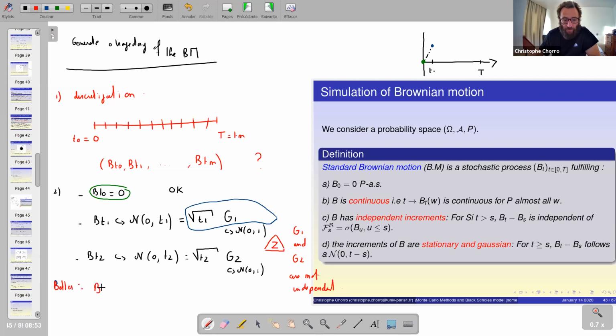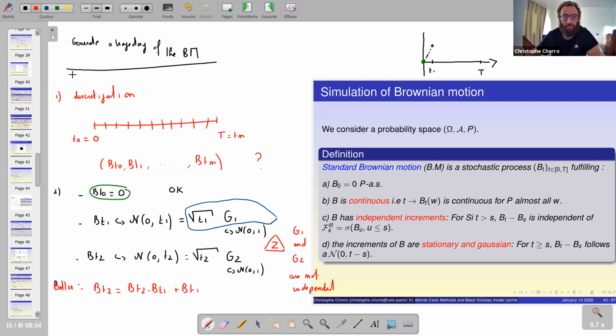In fact, if I want to generate B of T2, I write it this way: B of T2 minus B of T1 plus B of T1. And as always for the Brownian motion, you make appear independent increments here. So B_T2 is equal to B_T2 minus B_T1 plus B_T1.